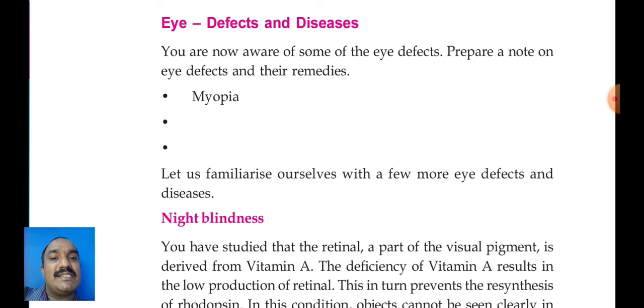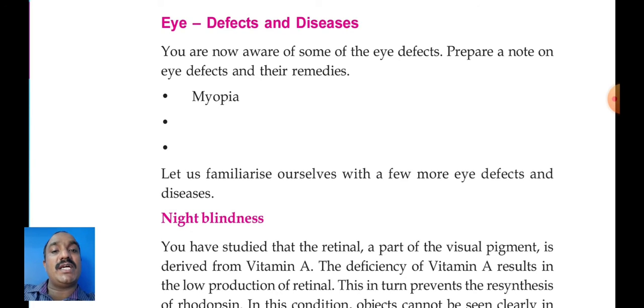As the name indicates, it is a problem where the person can see nearby objects clearly, and he will be unable to see distant objects clearly.